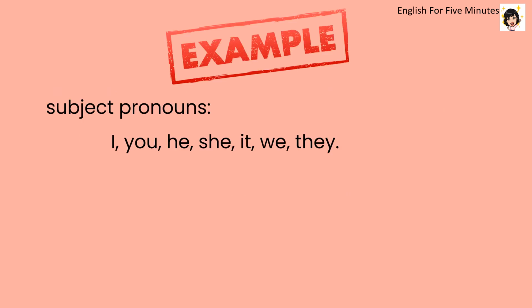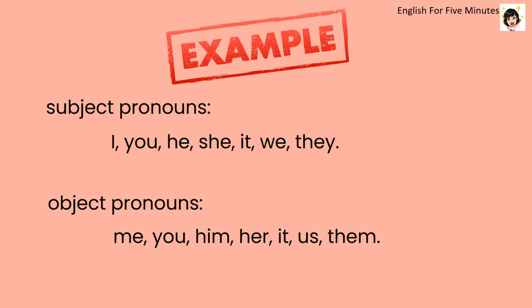Examples for subject pronouns are I, you, he, she, it, we, they. For object pronouns: me, you, him, her, it, us, them. So if you want to know more about subject pronouns, you just click on this link of the video lesson for the subject pronouns.